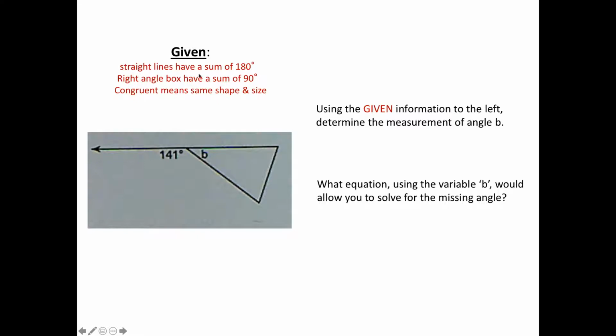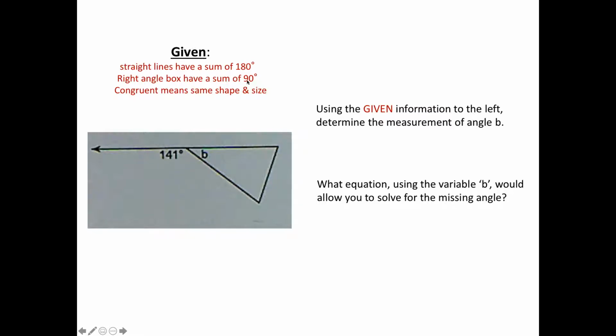It says straight lines have a sum of 180 degrees, a right angle box has a sum of 90 degrees, and congruent means same shape and size. So I have to determine the measurement of angle B. I see angle B here, and another angle, 141 degrees, and those two angles added together make a straight line.